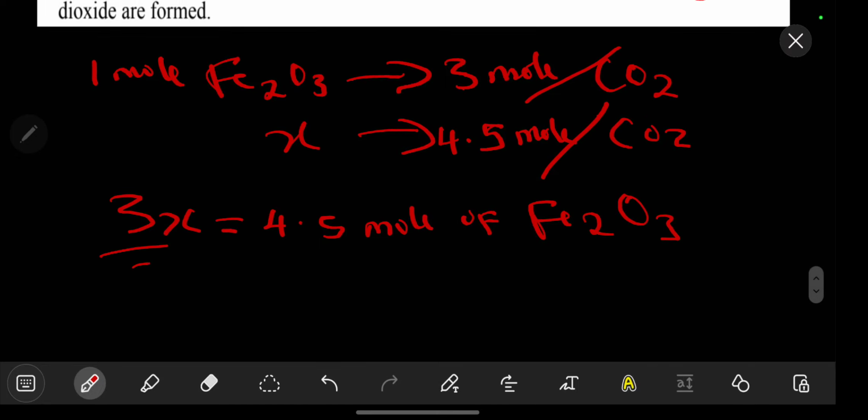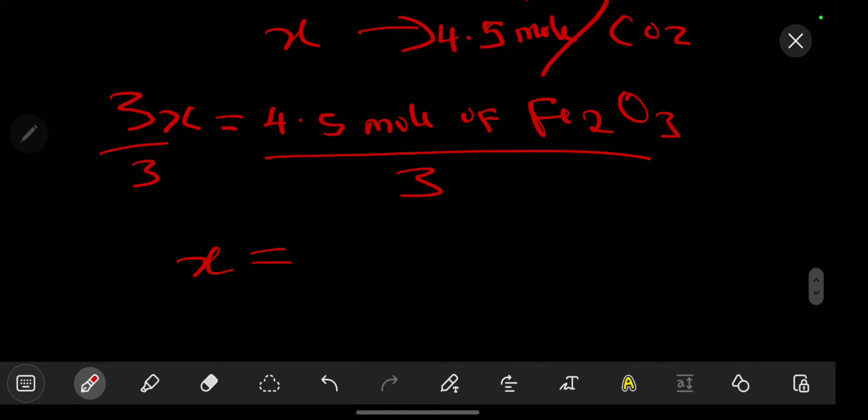Then we divide over our 3, so our X value should be equal to 4.5 divided by 3. This gives us a value of 1.5. So we are going to have 1.5 moles of iron(III) oxide.